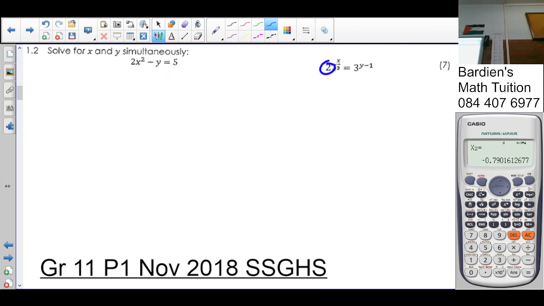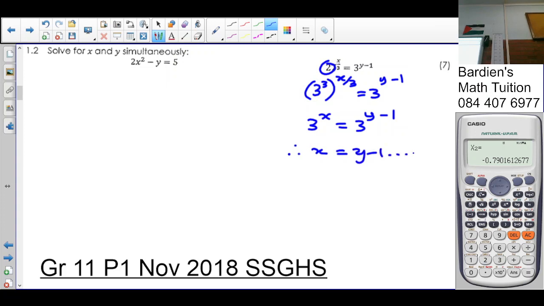We know that 27 can be written as 3 cubed, raised to the x over 3, is equal to 3 to the y minus 1. I need to make the bases the same for the exponents to be equal. So 3 times x over 3 gives x is equal to 3 y minus 1. You see the bases are the same. Therefore x is equal to y minus 1, and that's equation 1.